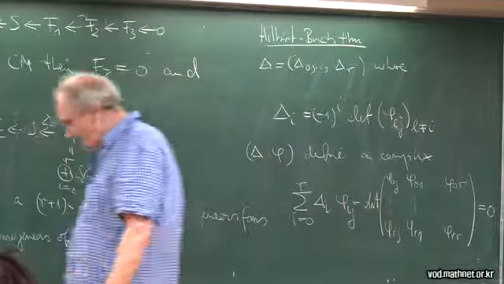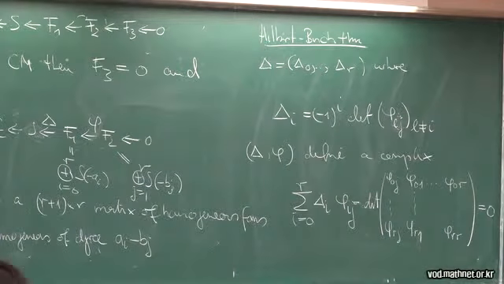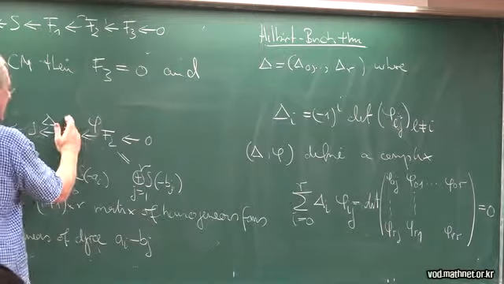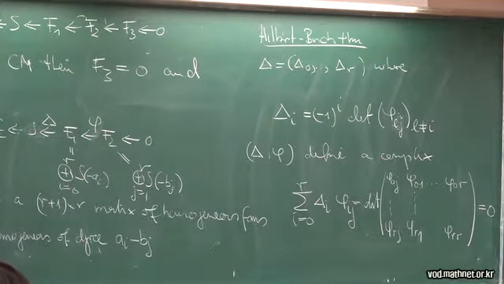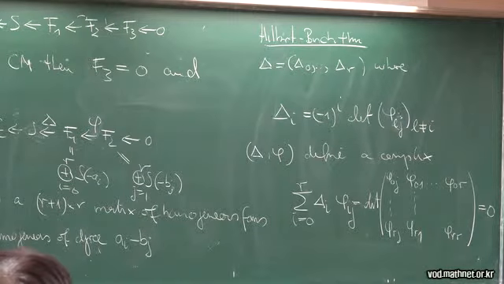So the key point here is if I have a sufficiently general (r plus 1) by r matrix, then the minors will define something in codimension 2.